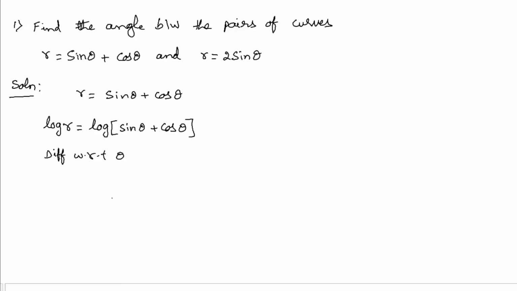Differentiation of log of r will be 1 by r dr by d theta is equal to, on the right hand side, log differentiation will be 1 by sine of theta plus cos of theta, into the inner differentiation: sine theta gives cos of theta, and differentiation of cos theta will be minus sine of theta.